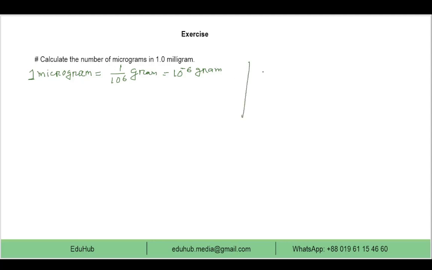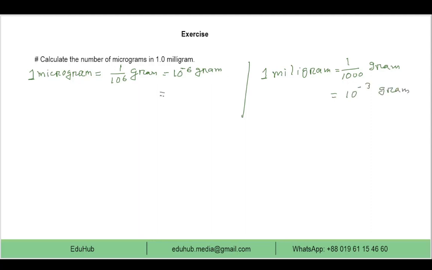Similarly, 1 milligram is equal to 1 by 1000 times of gram. That means it is 10 to the power minus 3 gram.